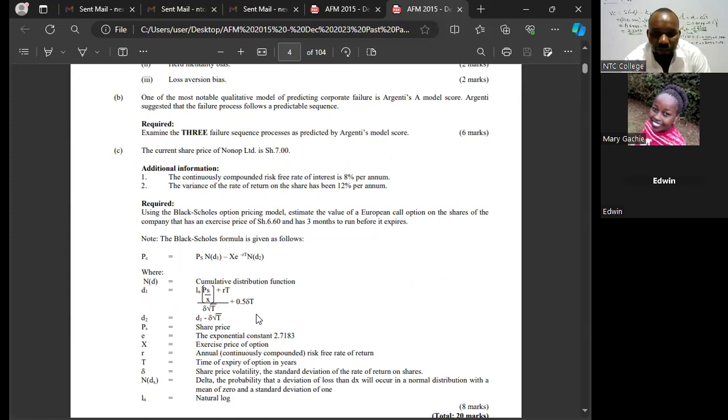Can we try? In the Black-Scholes options, the value of the European call option. So they want you to get call option, the value of call option.